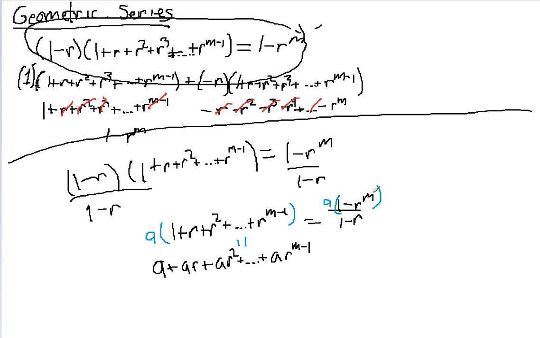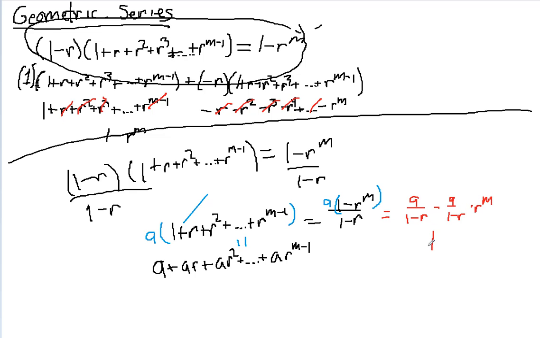Well, and then use the algebraic limit theorem for sequences, and you figure out that... And then what we can do is rewrite what we have over here as a over 1 minus r minus a over 1 minus r times r to the m.